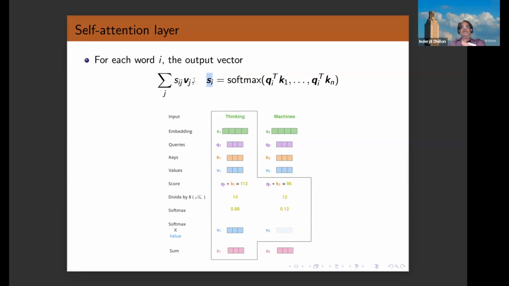So the way that you transform the vector is by taking 0.88, multiplying it by v1, that's over here, and 0.12, multiplying it by v2, that's given here. The reason this is in a much lighter shade is because 0.12 is much smaller than 0.88, so you're not taking that much component of v2. You have v1 and v2, and then you sum it up, and that gives you z1.